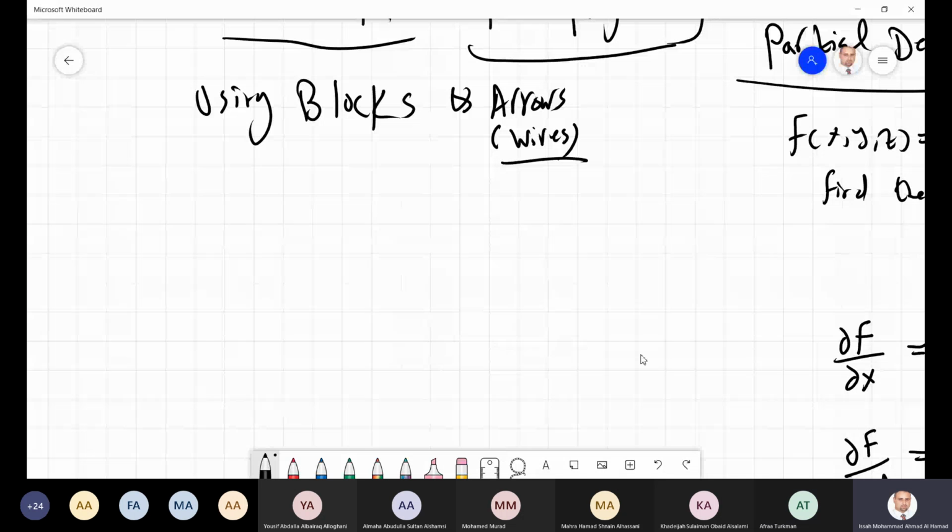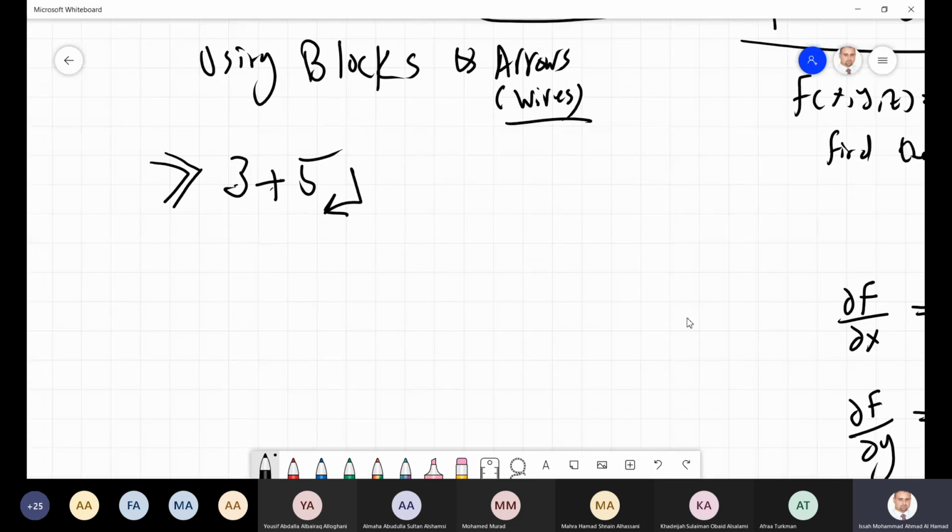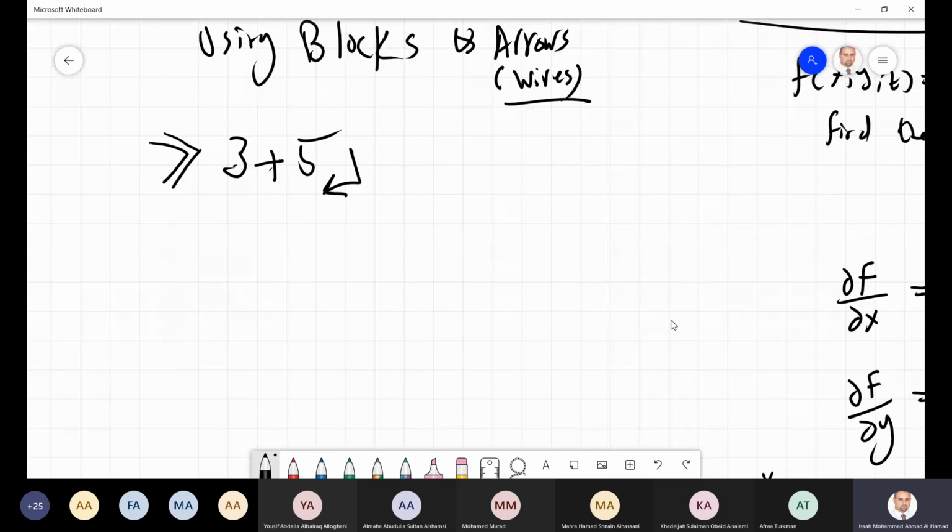Okay, so if I tell you I need to do a simple mathematical operation, 3 plus 5. If you are in Matlab, you go to the command prompt and you type 3 plus 5, enter, you will get the answer. If you go to Simulink, you have to use blocks.